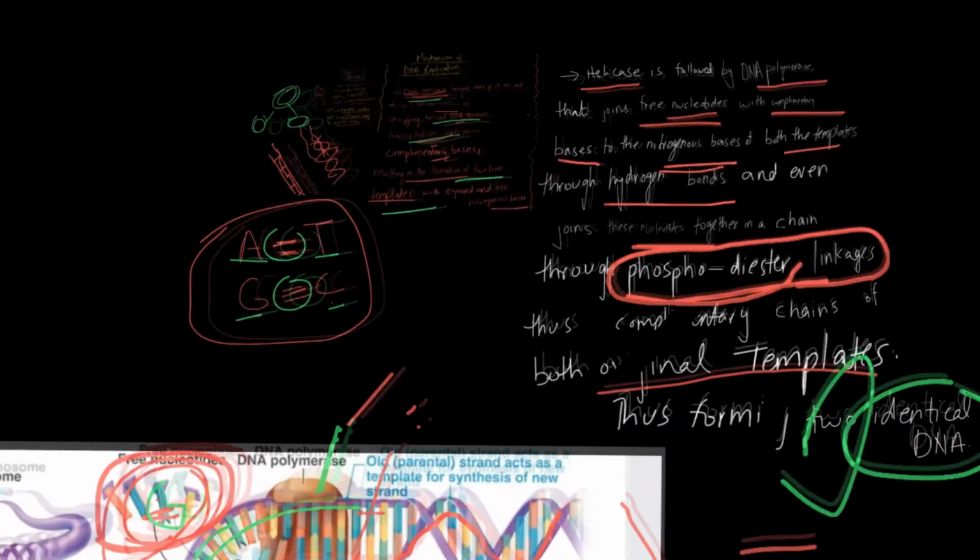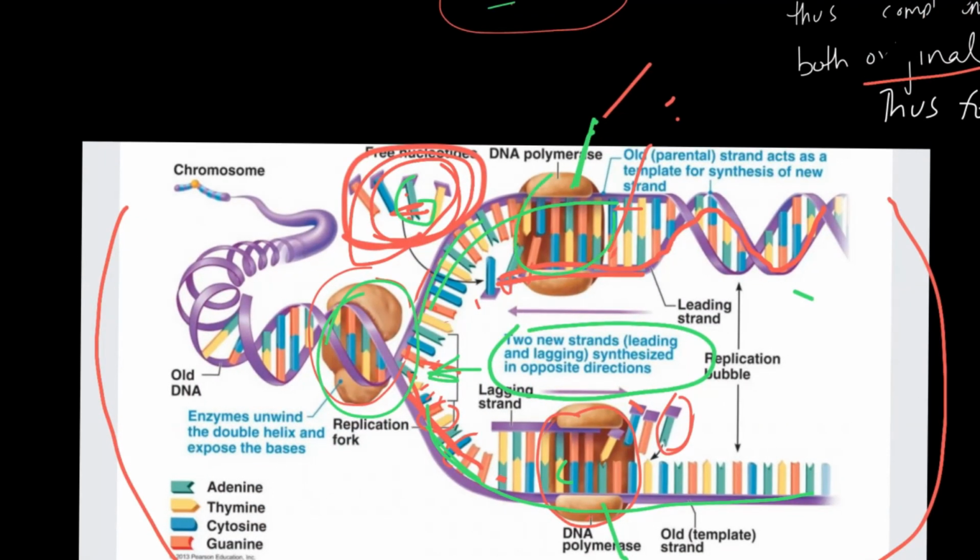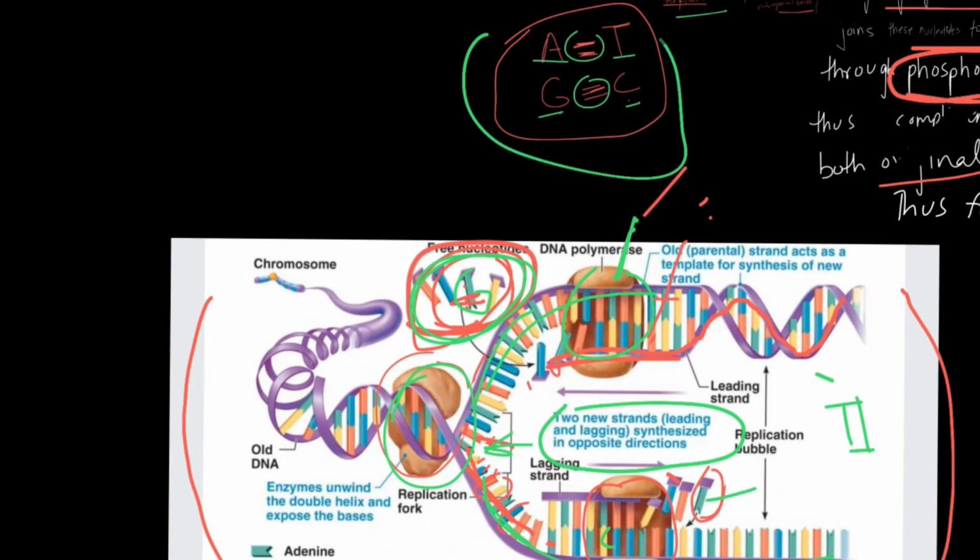Then comes the part of the DNA polymerase enzyme, which is this guy right here. What this guy does is take these free nucleotides that I've circled a lot. For example, this is a free nucleotide which is not joined to any strand, and it takes these free nucleotides and joins them with complementary base pairing. This thing right here is complementary base pairing.